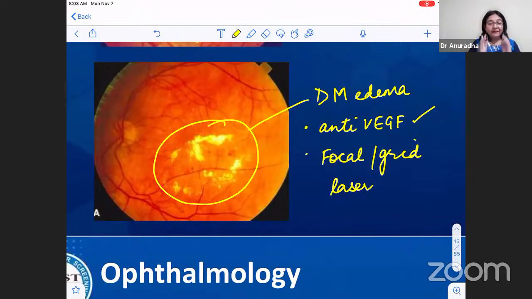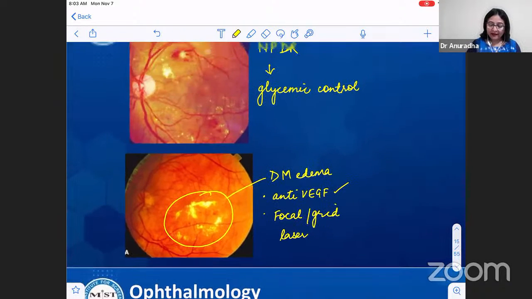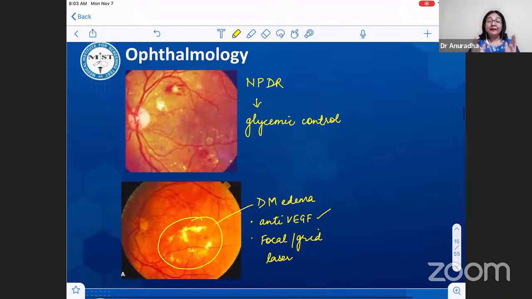So this is regarding your treatment in diabetic retinopathy: PDR, PRP; NPDR, glycemic control; macular edema, anti-VEGF if the edema is in the center, or grid laser.